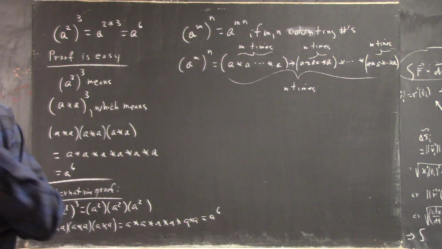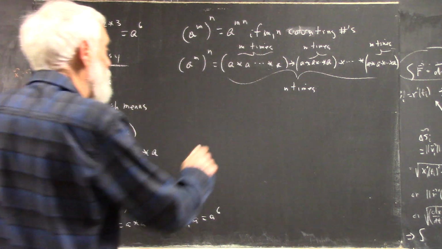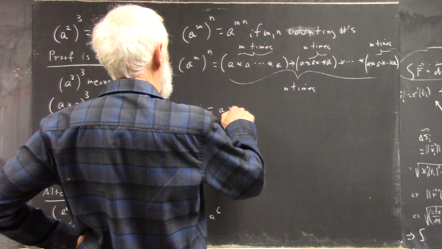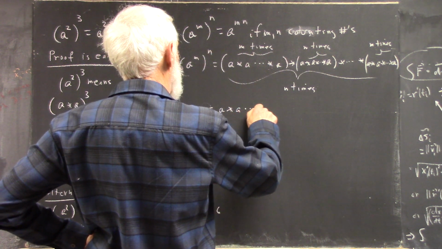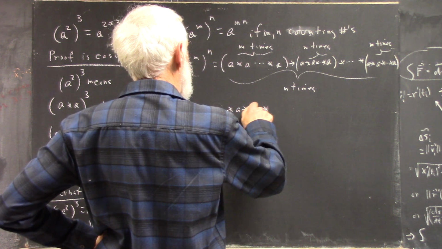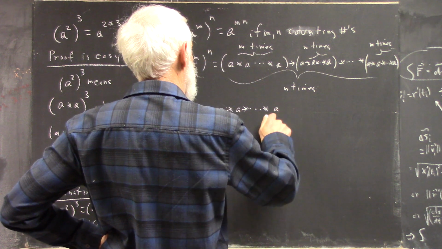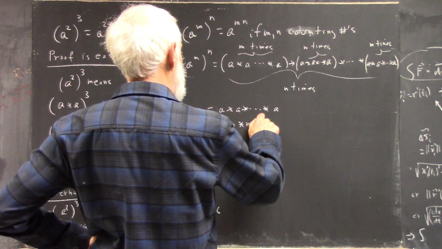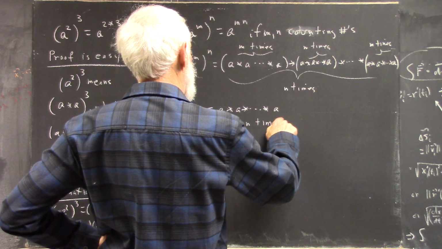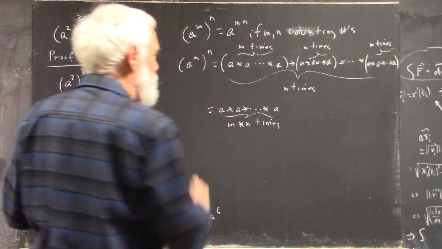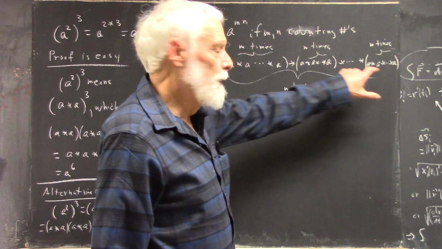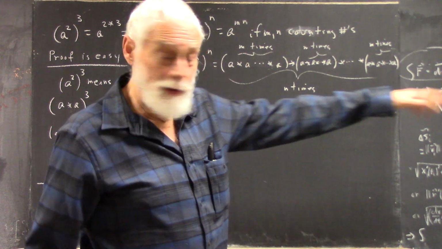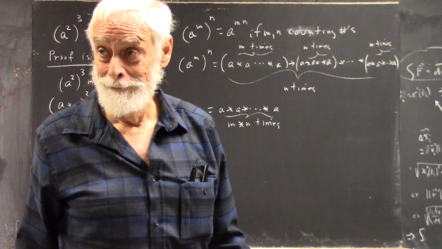And that has to equal then, I mean, if you got m here, m here, m here, and you got n of them, then you got m times n.